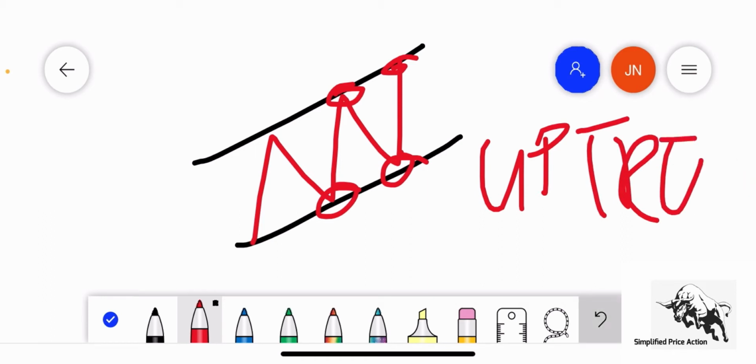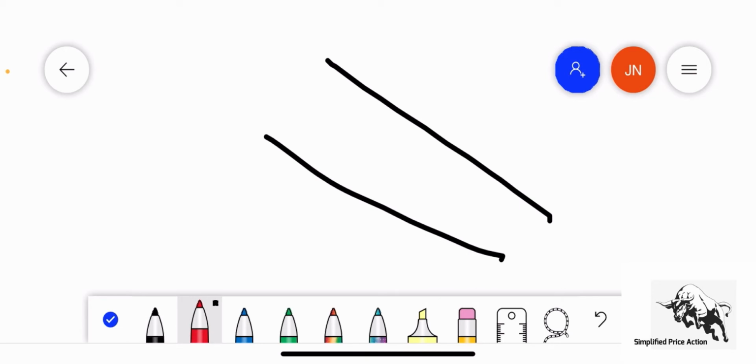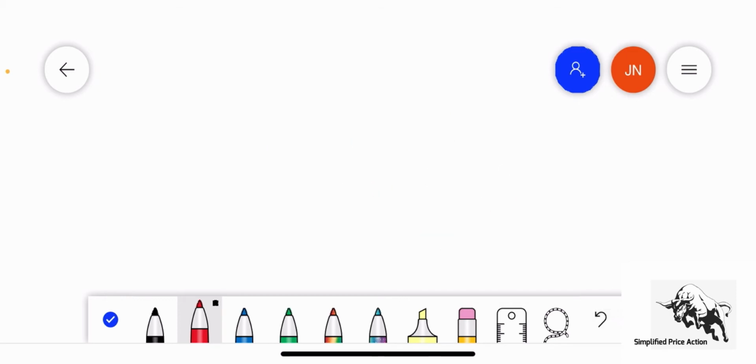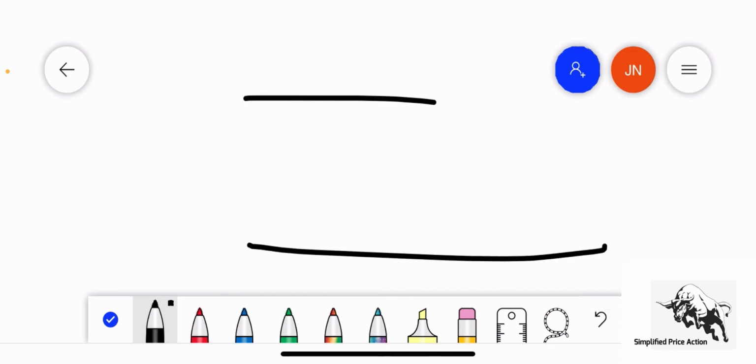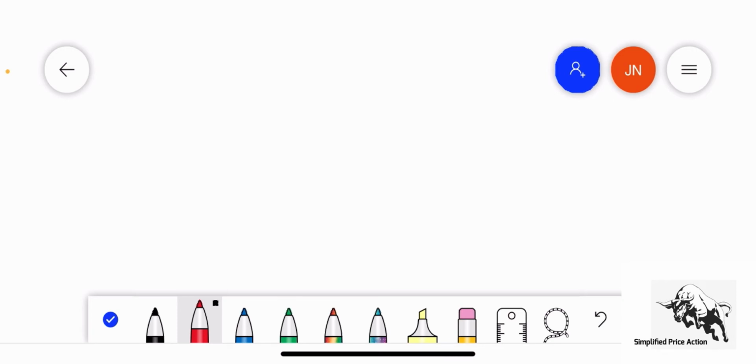Now when you're talking about downtrends, we basically mean that the market is moving downwards and it's making lower lows and lower highs, right? These are your lower highs and these are your lower lows. And if we talk about the market consolidating, we basically mean that the market is just ranging, it's moving sideways with no clear direction. So impulse and correction moves, you apply in uptrends, downtrends, and consolidating areas.